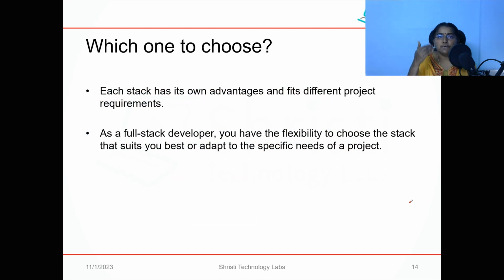So, we have seen different types of full stack development. Which one to choose? Each stack has its own advantages and fits different project requirements. To become a full stack developer, you can pick and choose the tech stack you want to work with, or the programming languages that you are comfortable with, or the job trends for a particular full stack if you are starting from scratch.